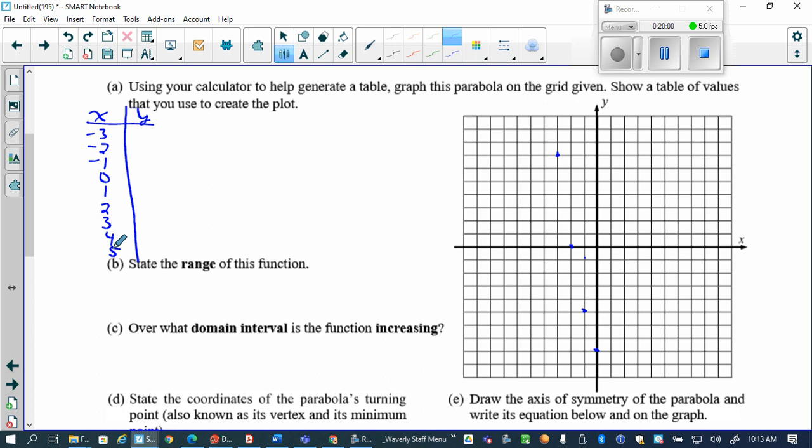That's why we don't do math in pen, right? 5 and 0 is -8. I'm not going to mess this up again. 1 is -9, 2 is -8, 3 is -5, 4 is 0, 5 is 7. Now we're going.